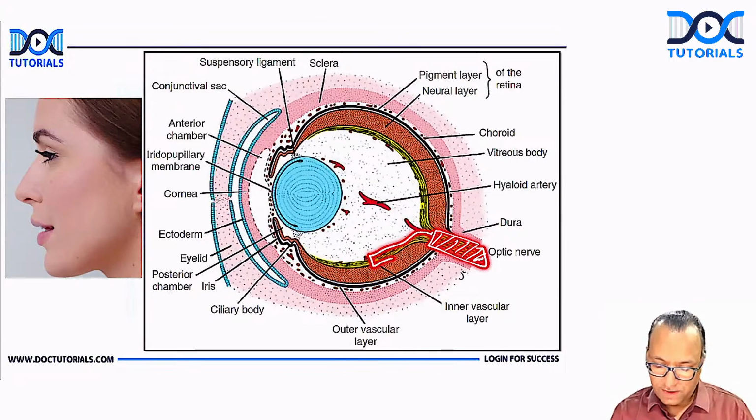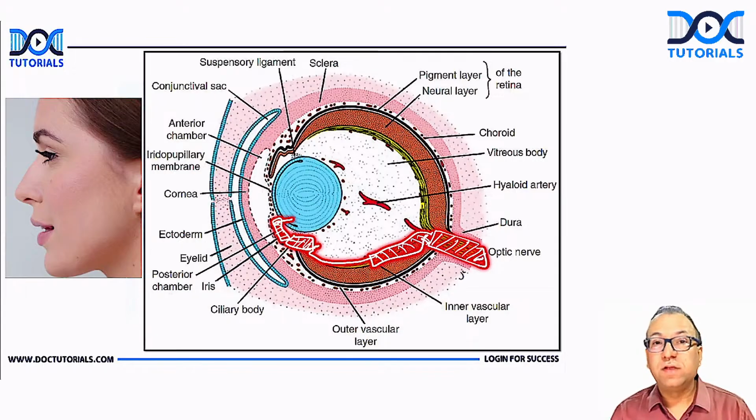Number two, the 2 layers of retina also come from neural plate ectoderm. Number three, the epithelium on the ciliary body. Number four, the epithelium on the iris. And number five, the muscles of the iris, which are sphincter pupillae and dilator pupillae. They all come from neural plate ectoderm. We'll draw a diagram and discuss the 5 derivatives of neural plate ectoderm.